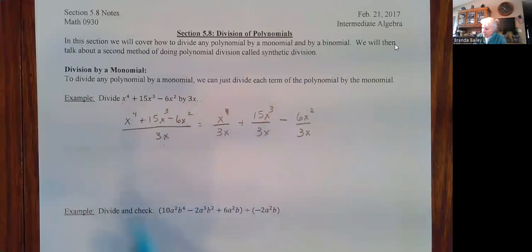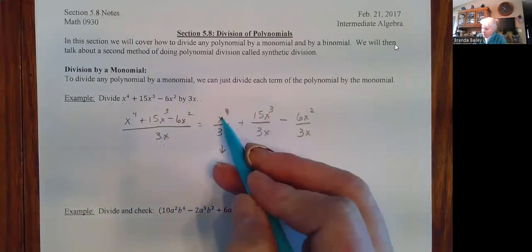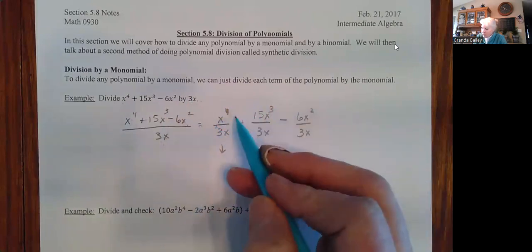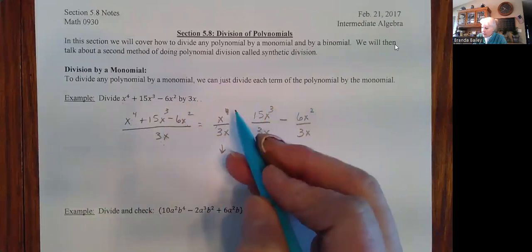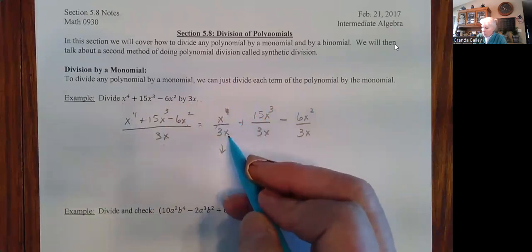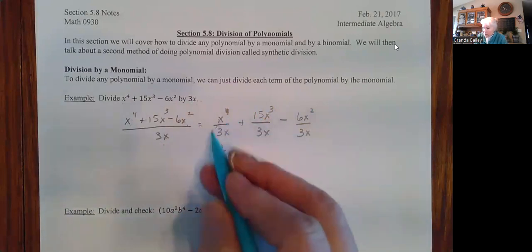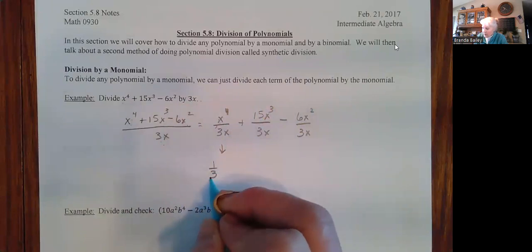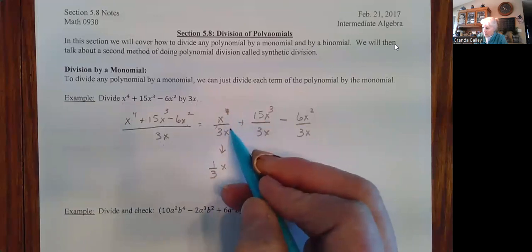Okay, next step is to reduce these individually. Well, again, we've got a 1 and a 3 here, so we have a 1/3. But when the bases are the same, going back to our rules, in division we subtract exponents. So you can write this a couple of different ways. You can write the 1/3 out front. x to the 4 minus 1 is 3.